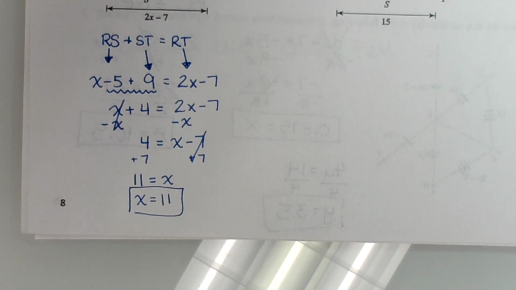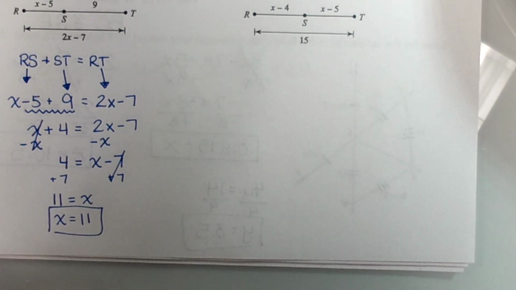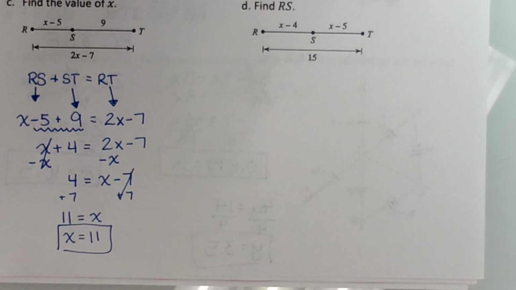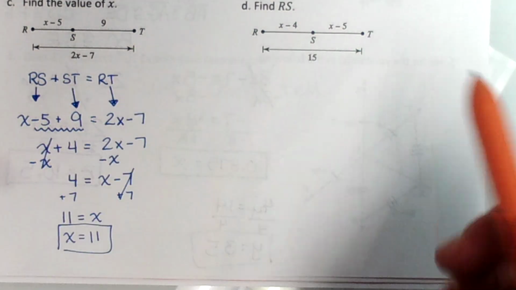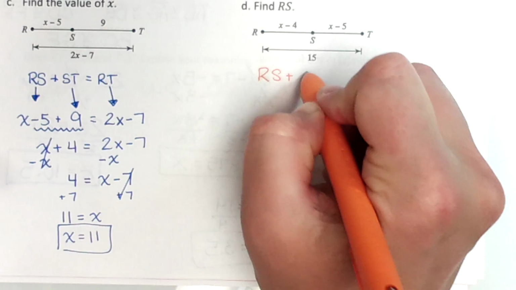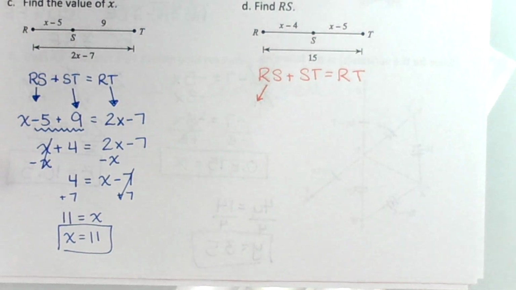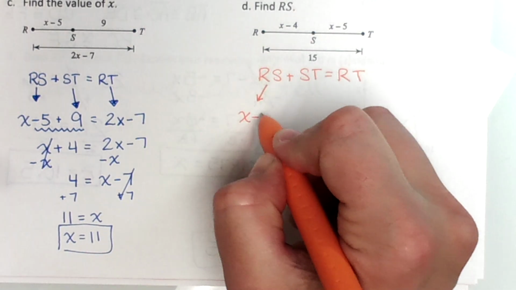Okay, final example. Do you notice it's the same 3 points in the same order? Which means it's RS plus ST equals RT again. What is the length of RS? 4 minus x minus 4.